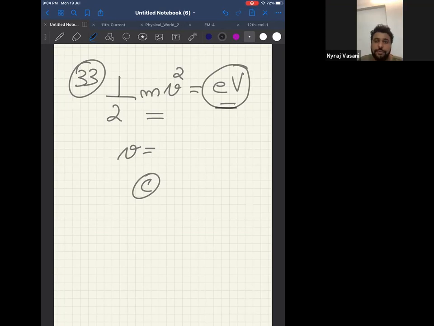Therefore, the energy for a potential difference is eV. There is an electron in a field of potential, so the energy will be eV. And why did I take half mv square? Because it is accelerated. And why did I equate? Because of the law of conservation of energy. Did you get your answer? Yes.